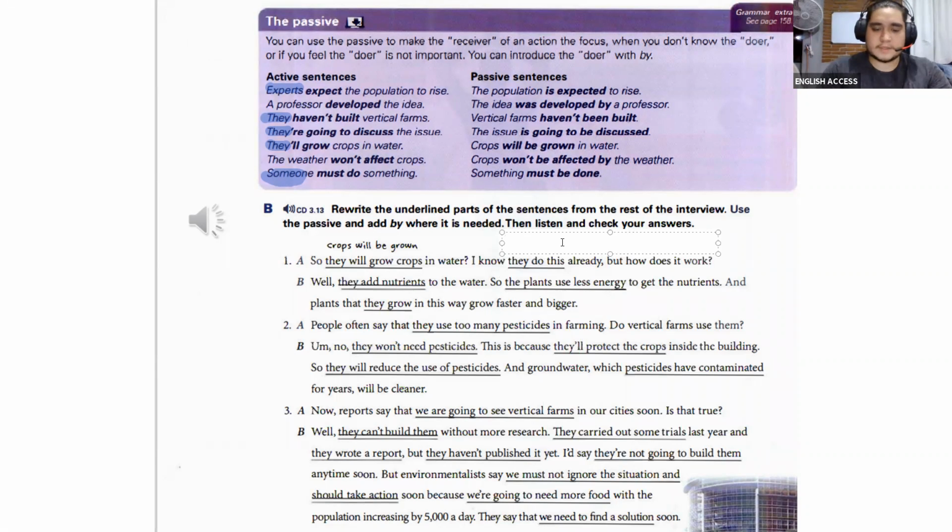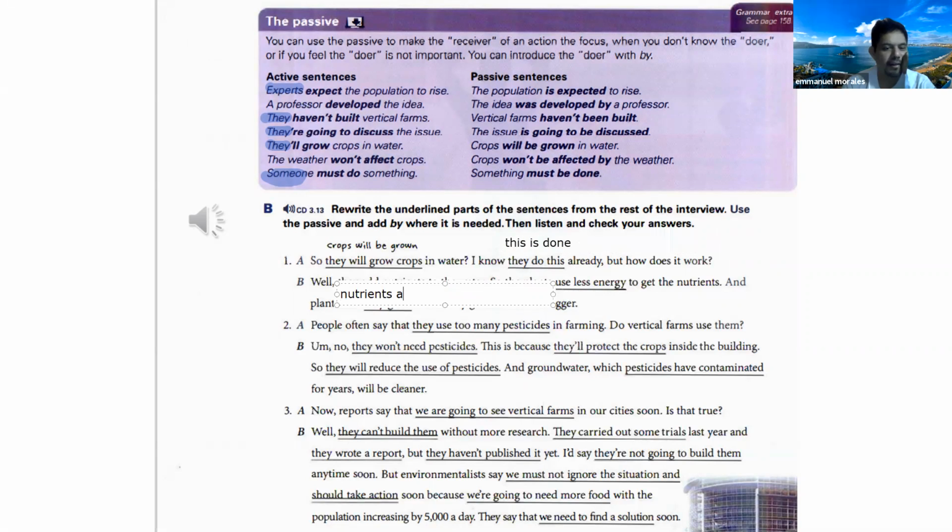Yes, this is done already. Remember that they is not an important doer, so we don't have to introduce it. Very good. They add nutrients. How would it be? Nutrients are added.